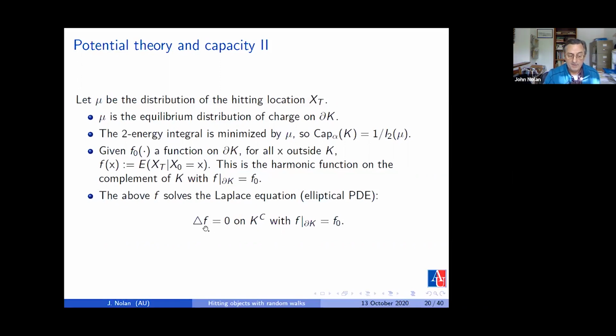F is the function that has Laplacian equal to 0 on the complement of K and agrees with the function f0 on the boundary. So there's an intimate mathematical connection between these random hitting locations, these ideas of capacity, and certain elliptic PDEs, which is why people like Polya and Szego and others were studying these things.